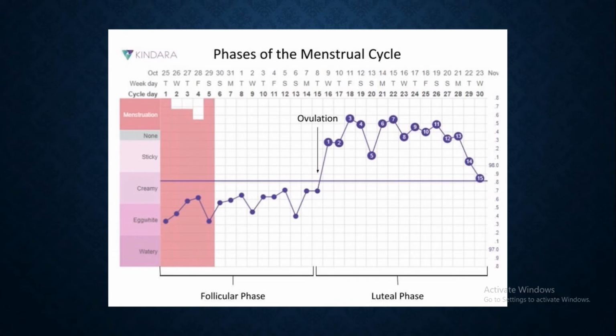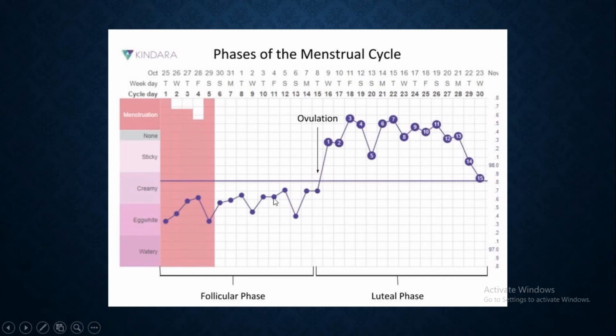We also said that there are changes at the level of the body temperature throughout the sexual cycle of the female. So if you take a look, in the follicular phase, the body temperature is usually at the low stage.